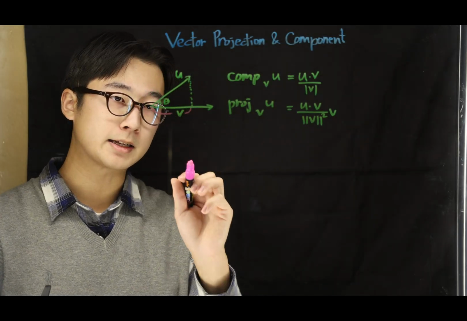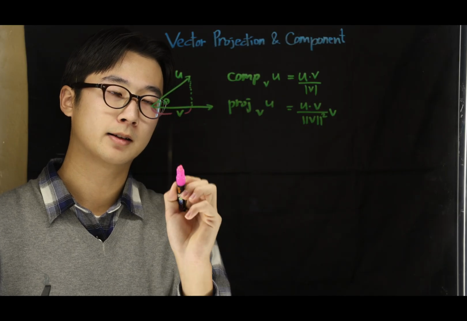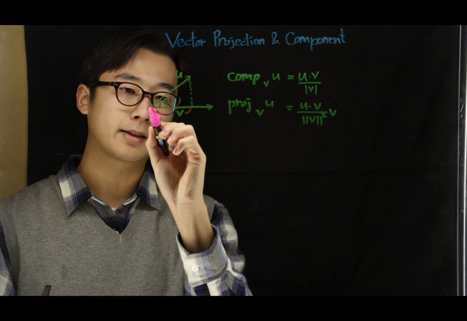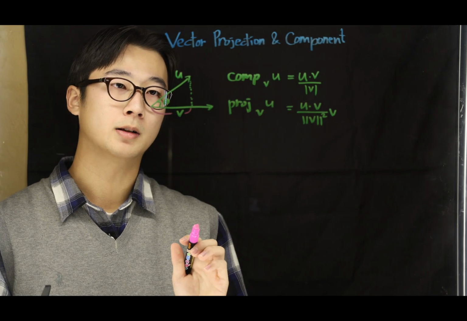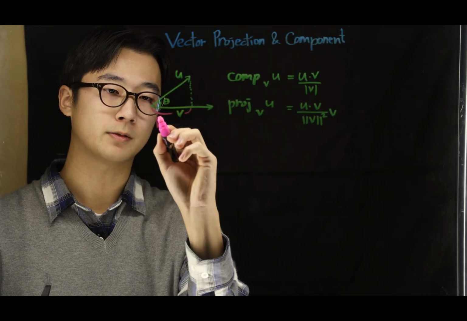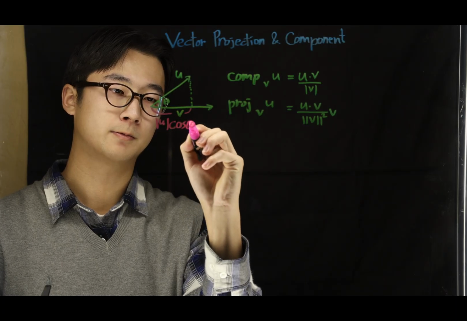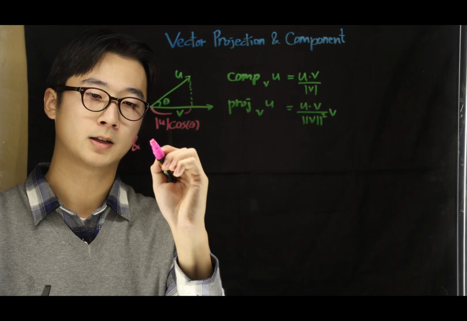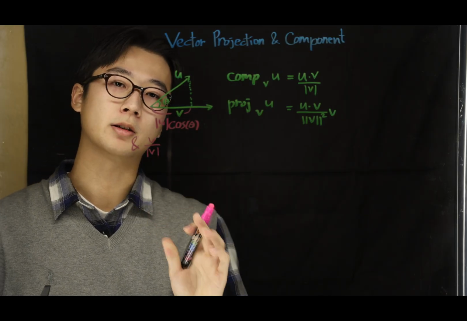So I want to know this length and also the direction. We can find the length of this part we're interested in using the Pythagorean theorem. Because this is the vector u, this part is just equal to the magnitude of u times cosine theta. And we also know the unit vector of v is just v over the magnitude of v.